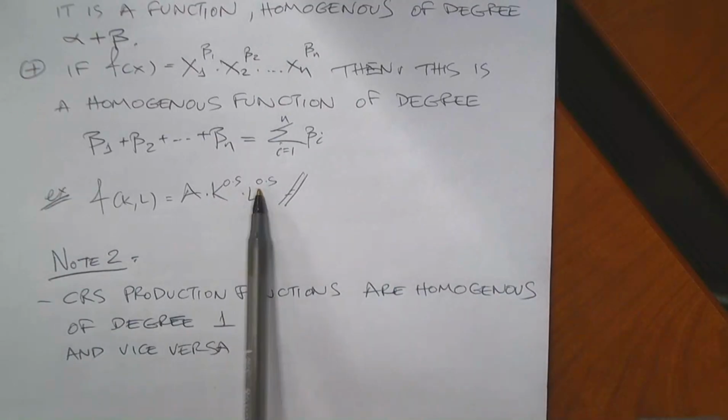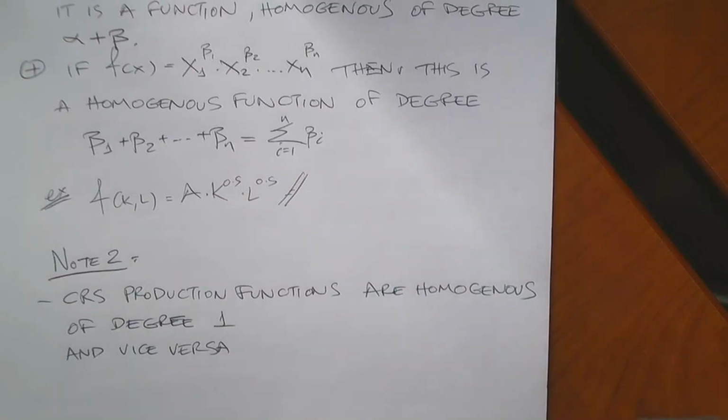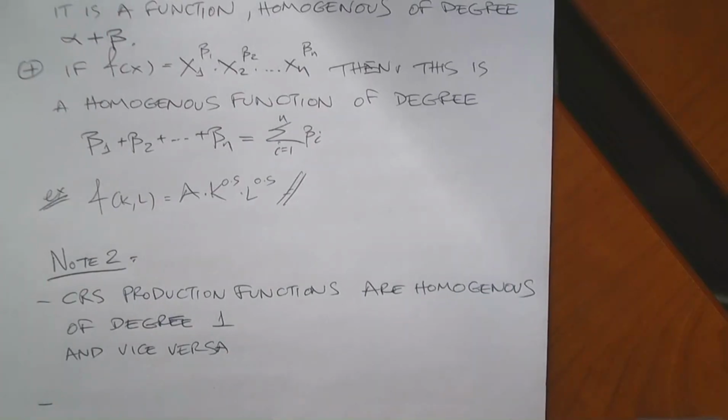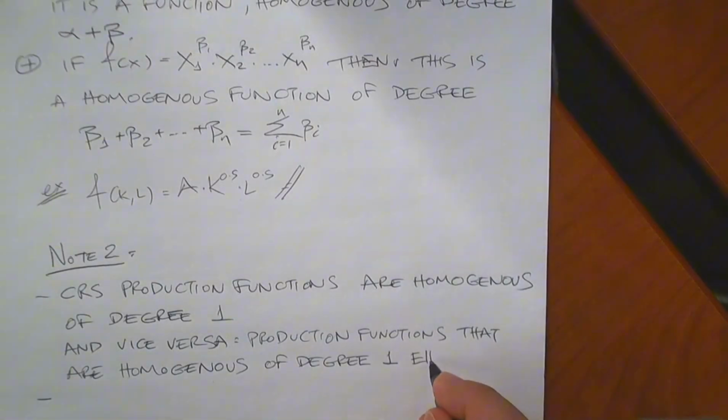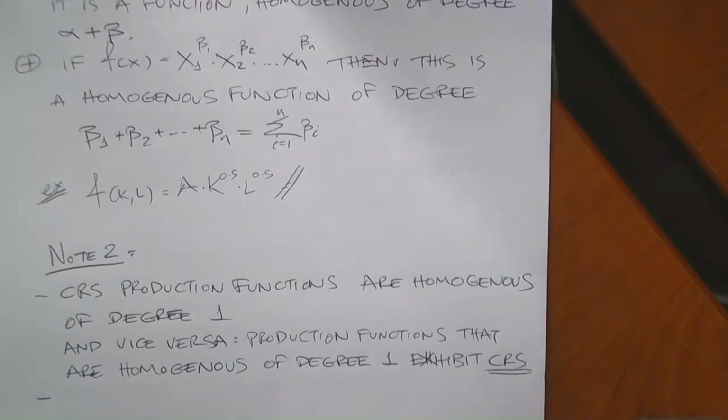So very quickly you can judge constant returns to scale here. There are two more things to consider. So I'm going to write the vice versa over here, that production functions that are homogeneous of degree 1 exhibit constant returns to scale. So we like these functions for making some assumptions with regard to returns to scale.